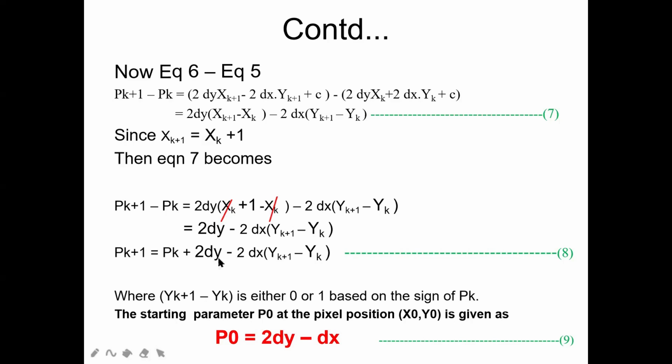My value will be 2 dy, because this value is 0, so minus dx. So this is my first pixel value which I am going to receive. Why is it so? You can consider it as 0 also, you can consider it as 1 also. So this is my p0 value which I got.